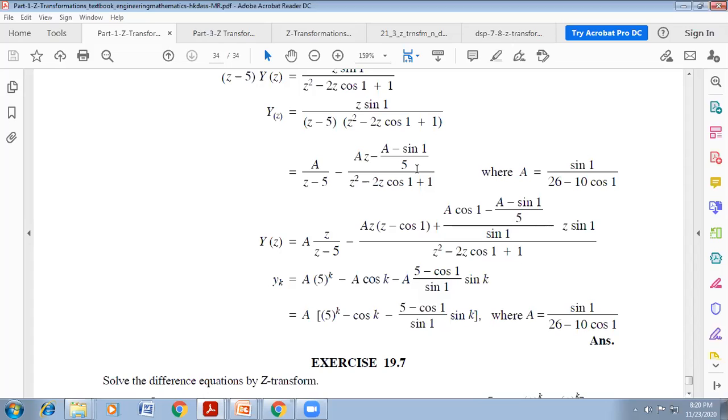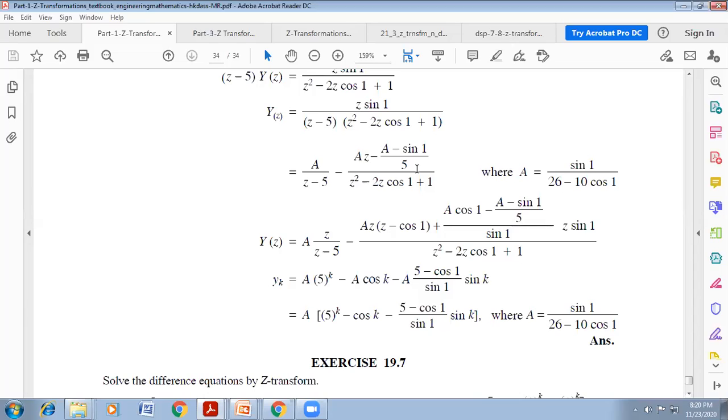In these lectures we have studied Z transformation and difference equations: properties of difference equations, types, order, linearity and homogeneity of difference equations, how to solve them and how to use them in engineering applications.